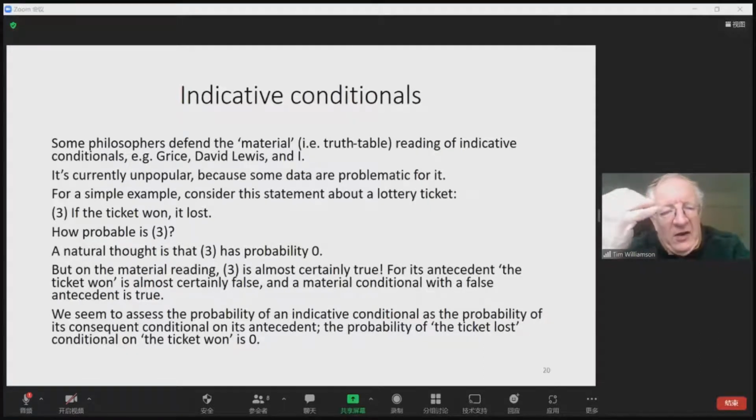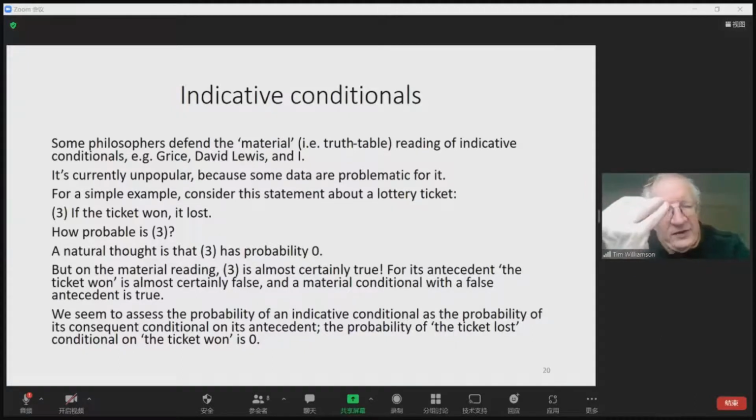What seems to be going on there when we assess the probability of an indicative conditional is that we seem to be doing something like looking at the probability of its consequent conditional on its antecedent. So in this case, we're looking at what's the probability that the ticket lost given or conditional on the ticket won.